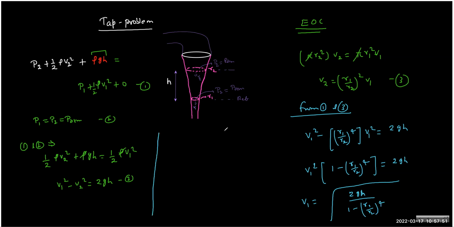And now because we have got all the answers, what we can do next is find the discharge rate. So the rate at which the tap is releasing the water you can write as pi R1 square V1. That's it.